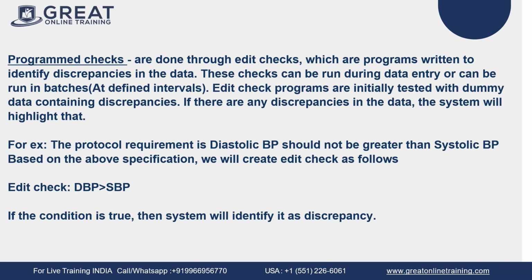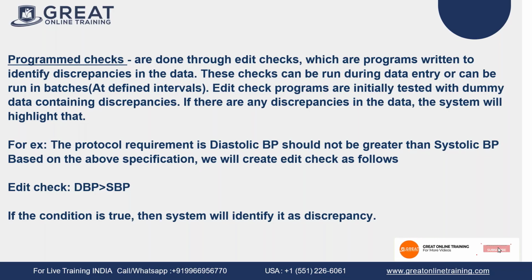Here is a good example for programmed checks. The protocol requirement is that diastolic BP should not be greater than systolic BP. So this is your requirement, and this is your specification.